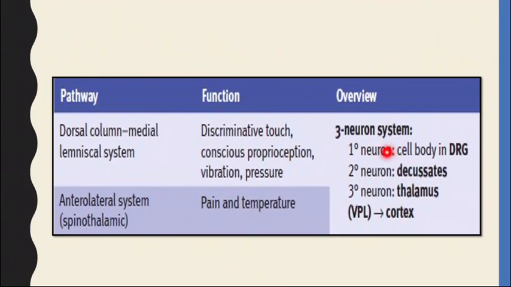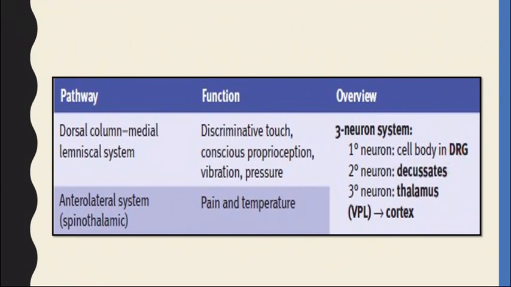In both the systems, the first sensory neuron that innervates a sensory receptor has its cell body in the dorsal root ganglia, DRG, of the spinal nerve.